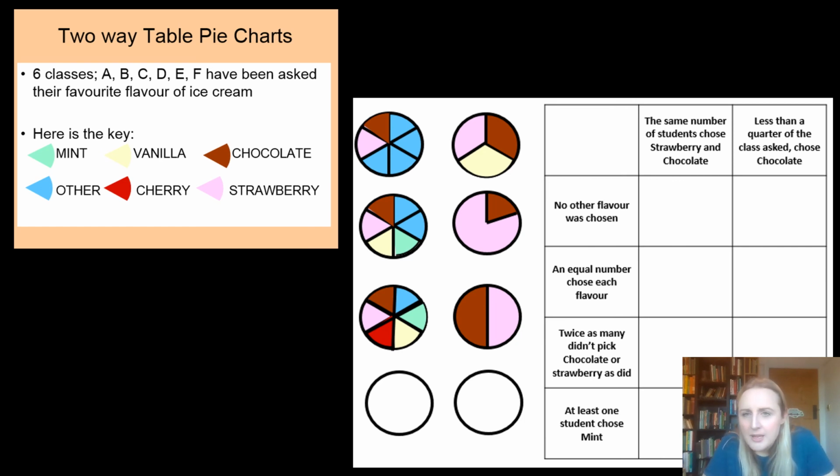So for example, less than a quarter of those asked chose chocolate, and we can see that a number of pie charts fit in that category. So that's the second column on that two-way table. And then we ask how we can fit into each category in that two-way table the pie charts we've been given. It's a really nice reasoning activity.